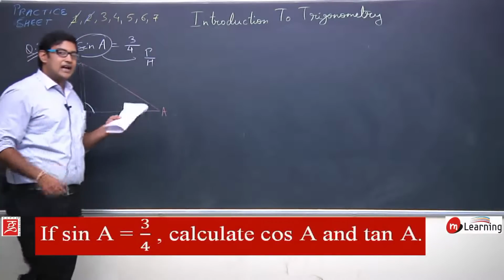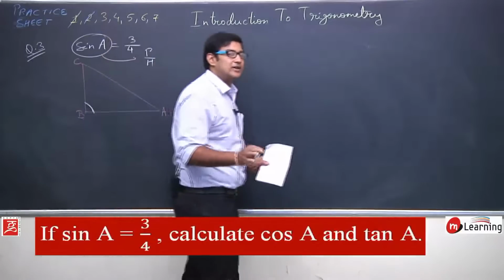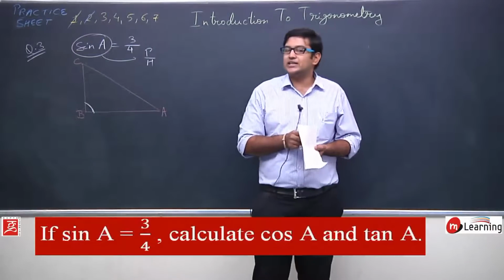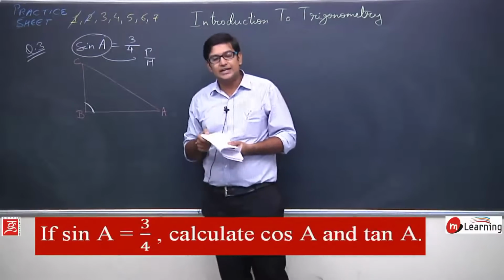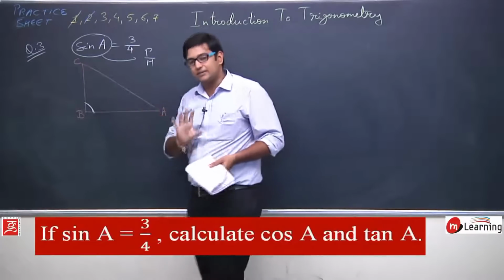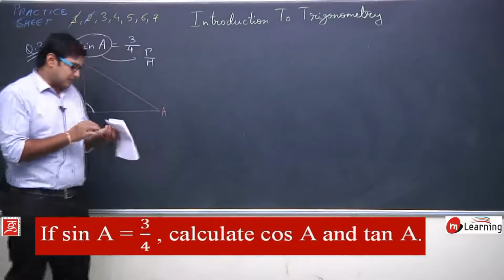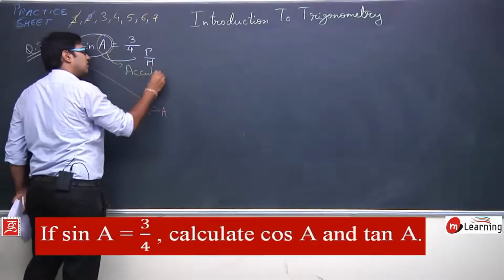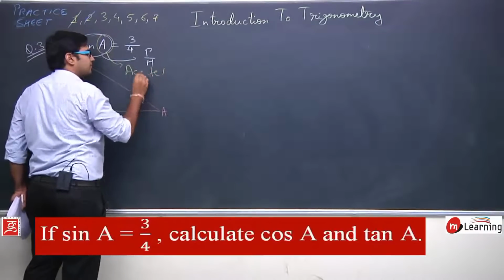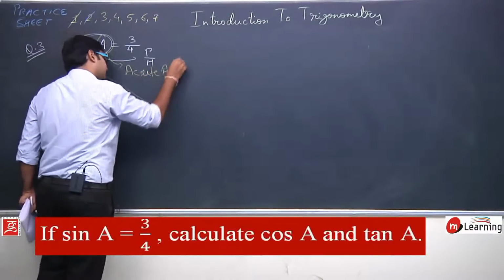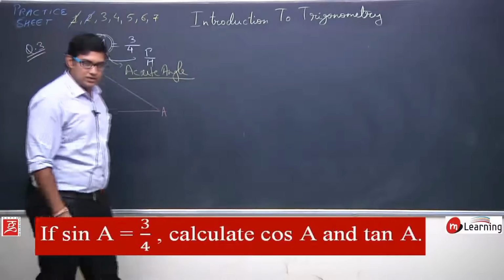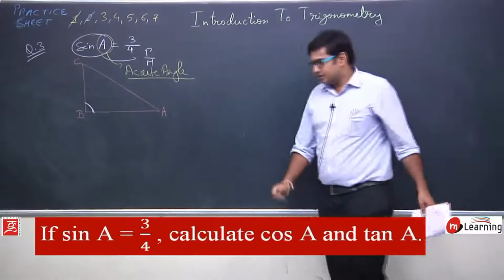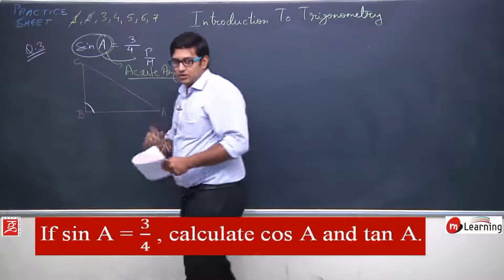As you have studied, we have just calculated the trigonometric ratios on acute angles. What are acute angles? Acute angles are angles which are less than 90, not even the 90 degree. That's why I have to consider that definitely this angle A is an acute angle. This has to be true, that angle A has to be only an acute angle, it cannot be a 90-degree angle. So this is just the concept that we need to understand.